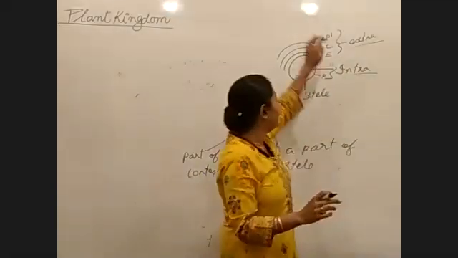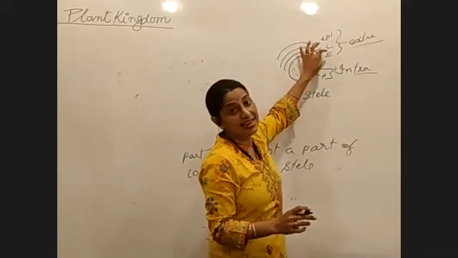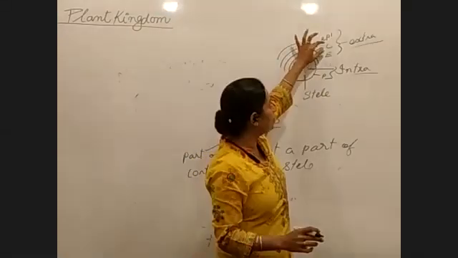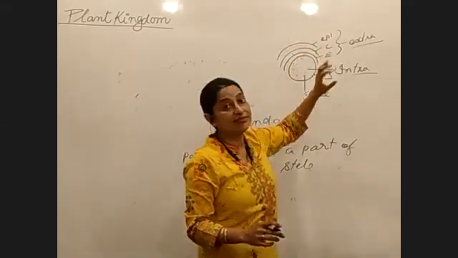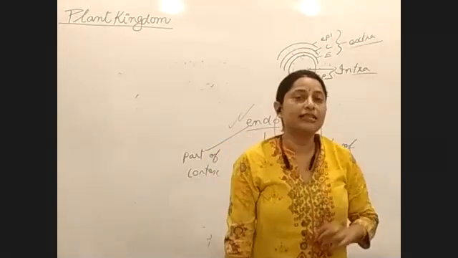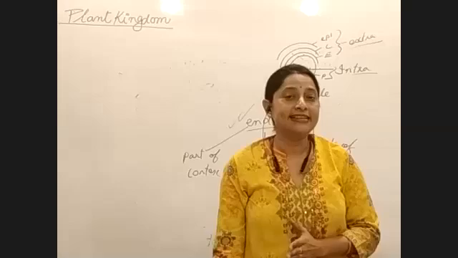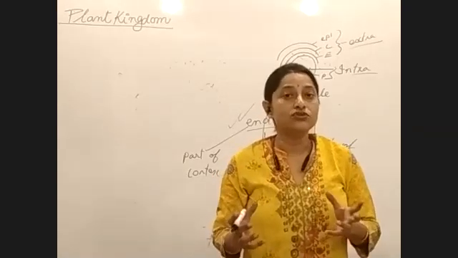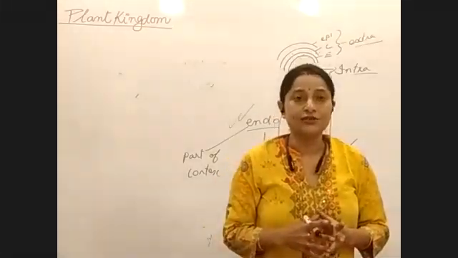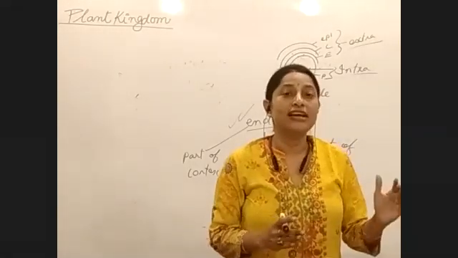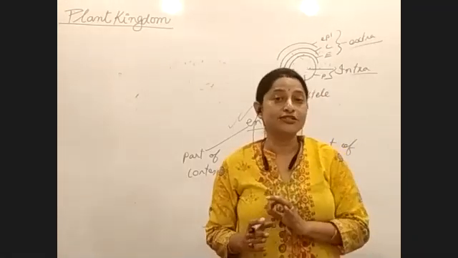We are drawing here distinct layers, right? Epidermis individual, cortex individual, endodermis individual. Individually they are separate, but the line says endodermis is a part of cortex. The reason is that if you are looking into the tissues in the transverse section, epidermis is single layered, with certain exceptions obviously.